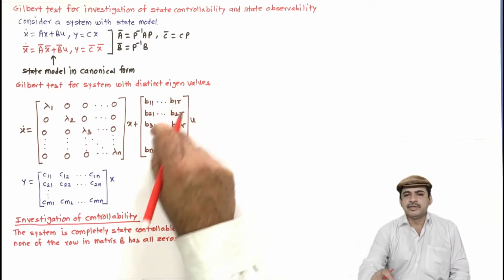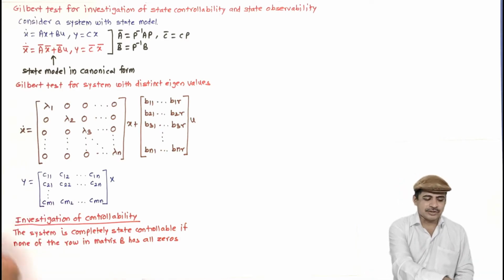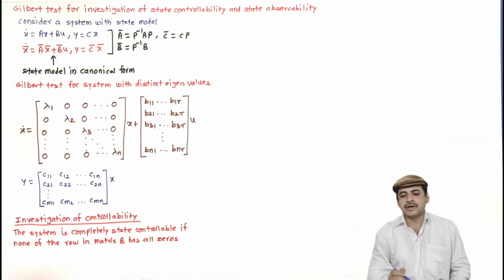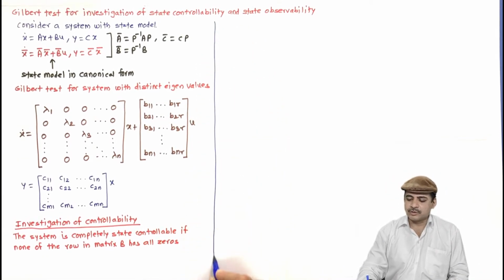No need to perform any calculation. The condition is just that your model must be in diagonal or Jordan canonical form.